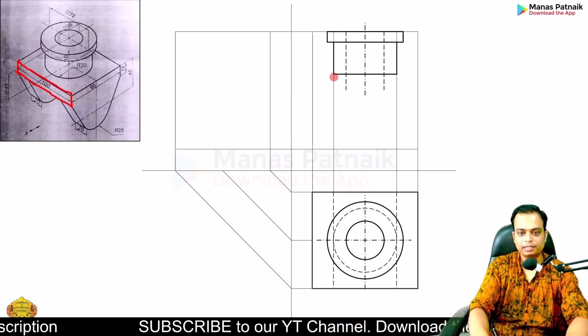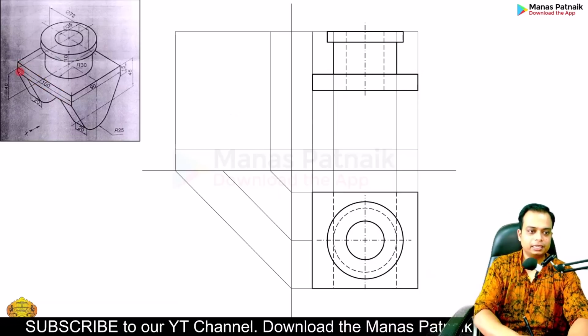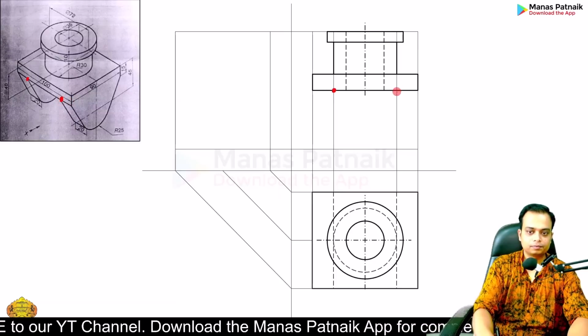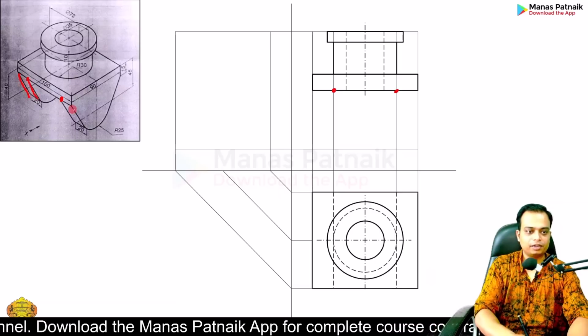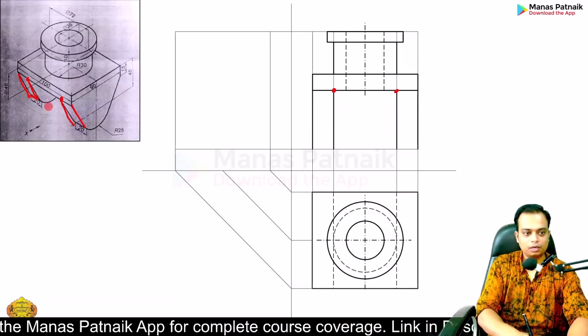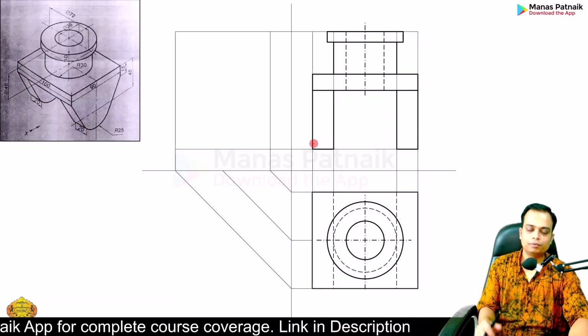So this is 15 by the way, and that's 100 for you. Done. Any other thing left, sir? These two points, these are the lines which we'll see from the front. So make these lines and outline. Done. So the front view is done.